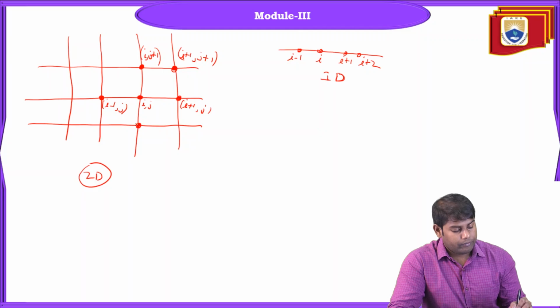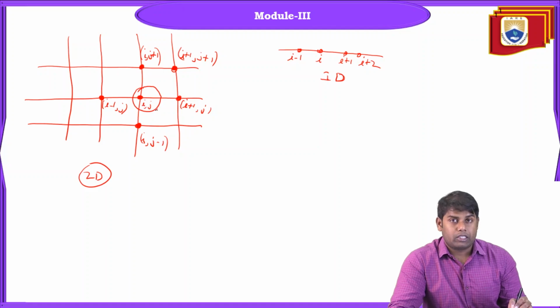Down here we have i, j−1. These are the neighboring points of the point of interest, i, j, which is the location at which you want to calculate the flow properties. The neighboring points are i+1, j; i−1, j; i, j+1; and i, j−1.